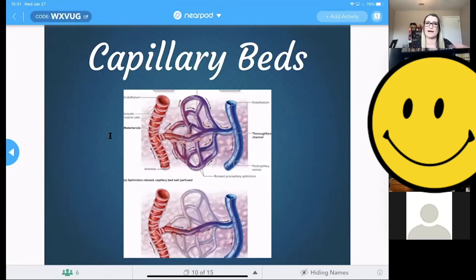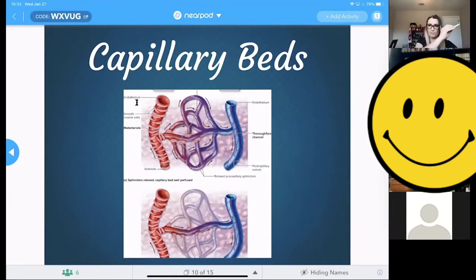Each capillary bed is supplied by a precapillary arteriole. You can see that, actually, you can't see the title there, but it's the red vessel that goes up and down. And that's your precapillary arteriole. And from it branches a mid-arteriole, okay?